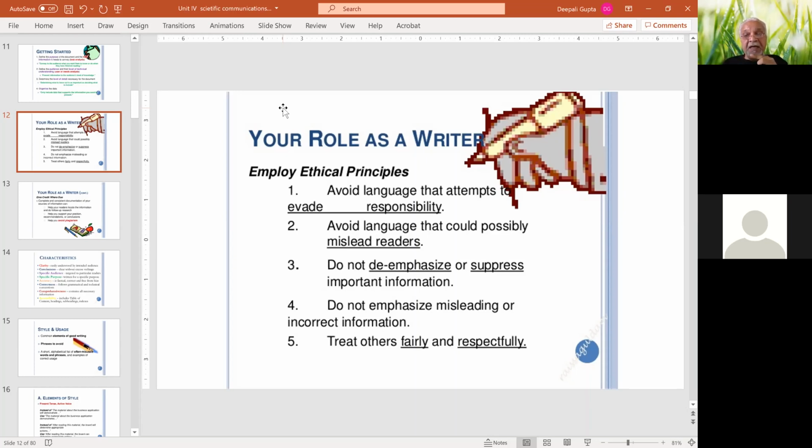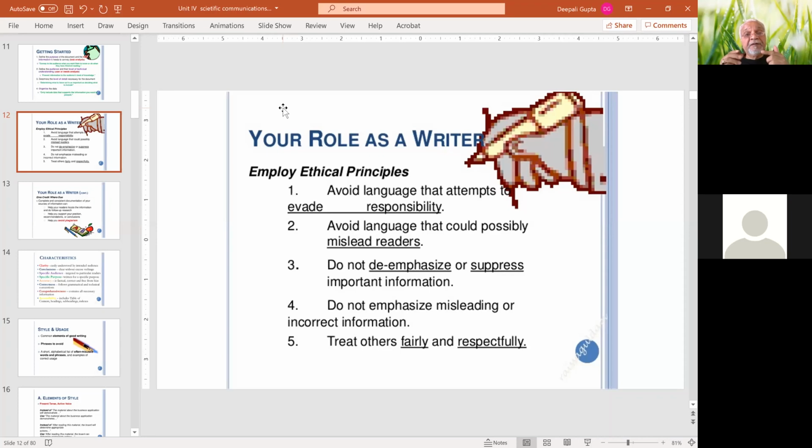And also, third, when we write a document, we should not emphasize, re-emphasize, and de-emphasize. These are the 3 words. But the point I'm trying to make here is that you should not try to suppress any information available to you, or de-emphasize something which you need to emphasize while preparing the document.